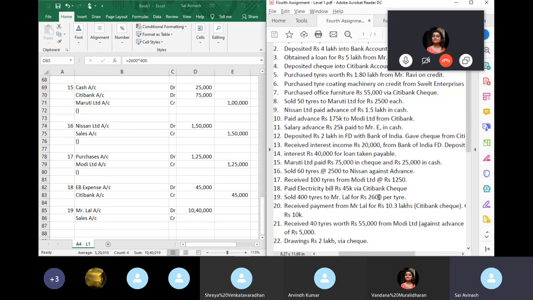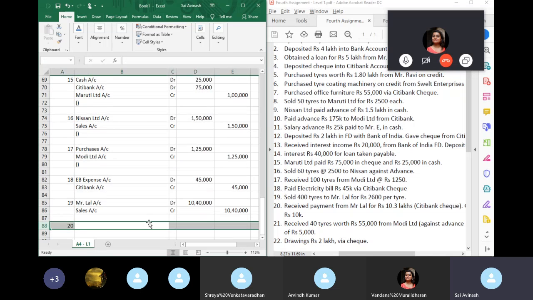So the business doesn't always have to be at the same value. If I'm able to negotiate a better deal with the customer, which benefits me, I may sell it for a higher value as well. So these aren't trick questions. Don't think of them that way. It's just basic common sense. If I'm able to get a higher price for my product, I will sell it for a higher value. Okay. So I made a sale of 10 lakh 40,000.